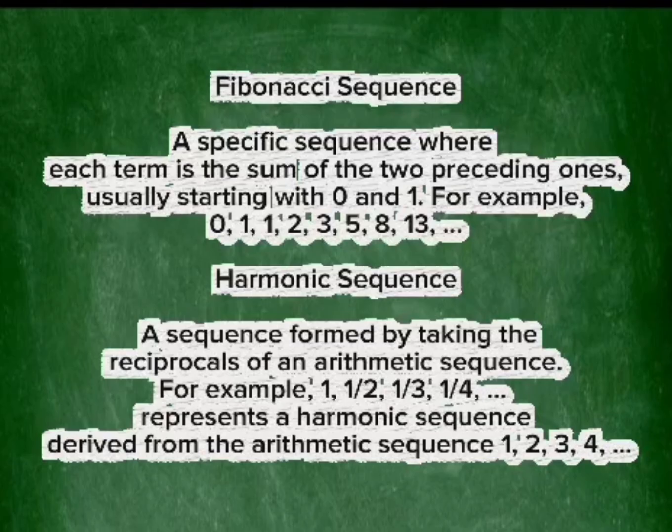Harmonic sequence is a sequence formed by taking the reciprocals of an arithmetic sequence. For example, 1, 1/2, 1/3, 1/4, and so on, represents a harmonic sequence derived from the arithmetic sequence 1, 2, 3, 4, and so on.